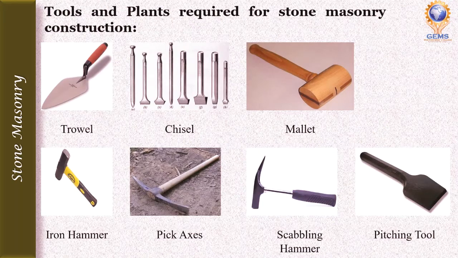The next topic is what are the tools and plants required for stone masonry construction. Material tools like trowel, chisel, mallet, iron hammer, pickaxes, scrambling hammer, pitching tools. These are some of the tools that are required for stone masonry construction.